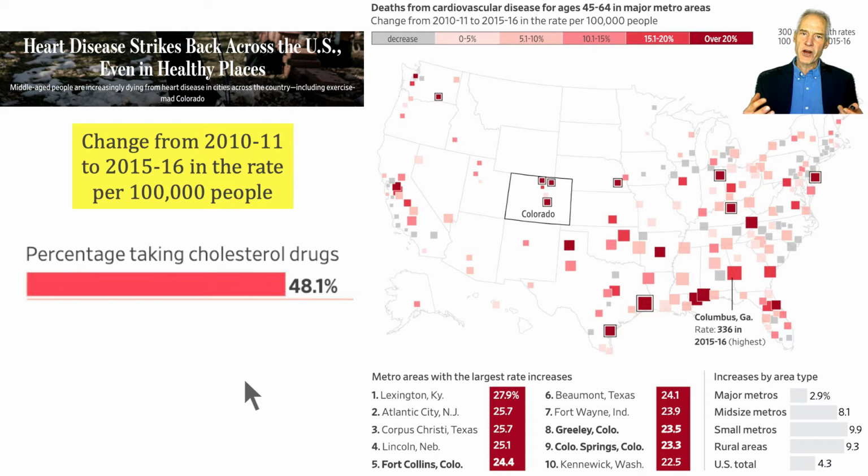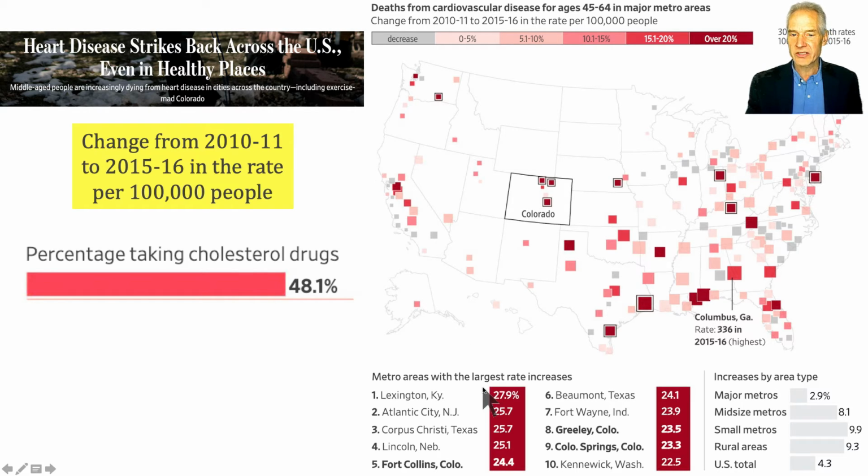So here's a very recent article from the Wall Street Journal. What it shows is that heart disease strikes back across the U.S., even in healthy places. So we think we're doing the right thing. We're controlling blood pressure, we're controlling lipids, yet it turns out that mortality in America is actually increasing.